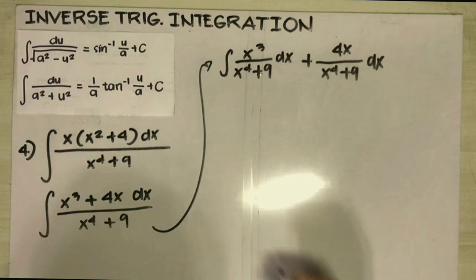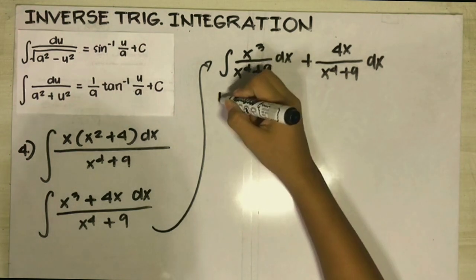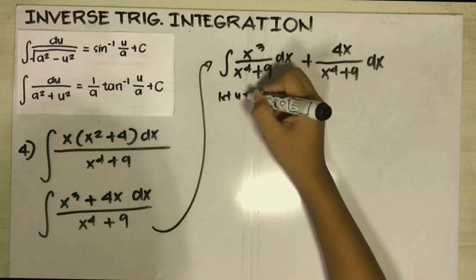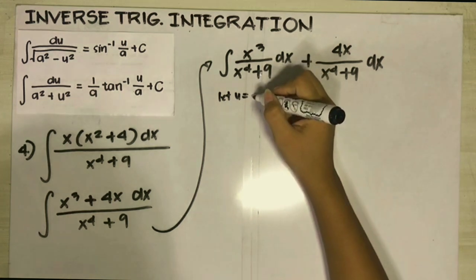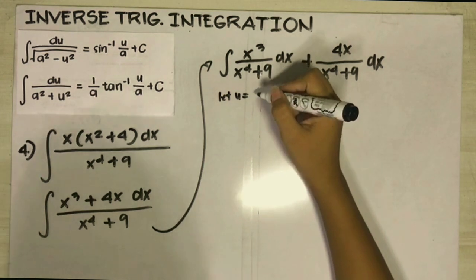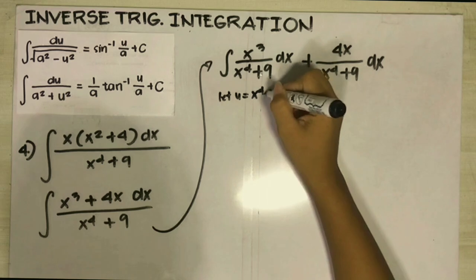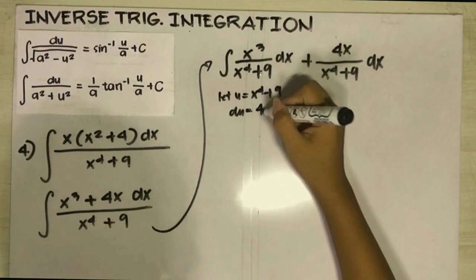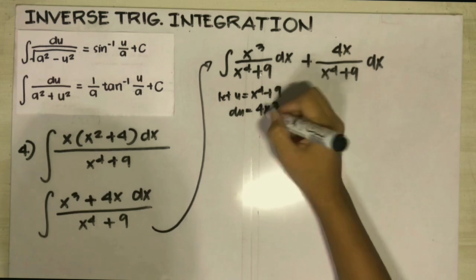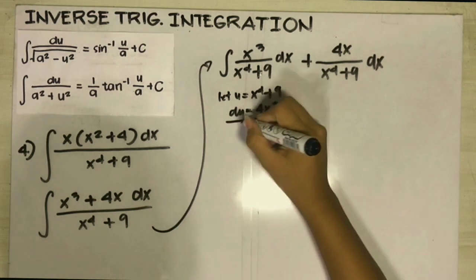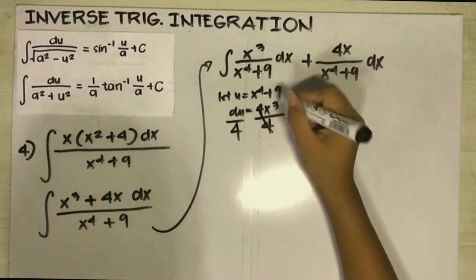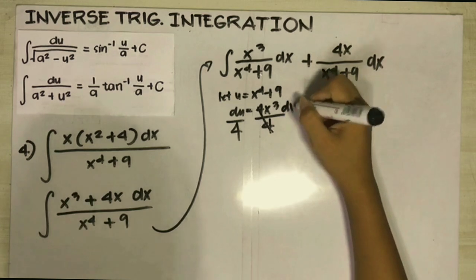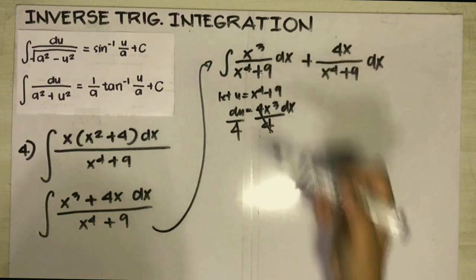And then, let's use substitution on the two terms to get their answers. So u is equal to x to the 4th power plus 9. So our du is equal to 4x cubed dx. We got du over 4 is equal to x cubed dx.